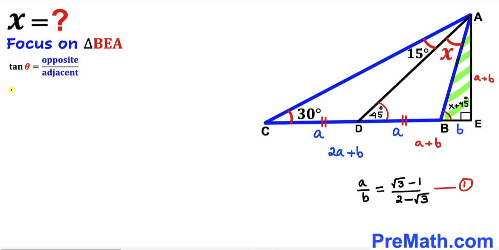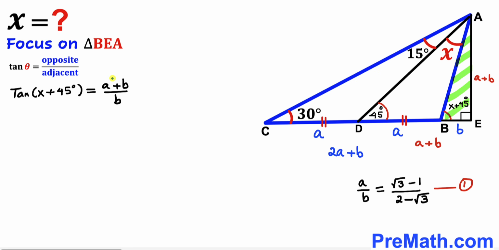So we can write tangent of x plus 45 degrees equals our opposite side, a plus b, divided by b.